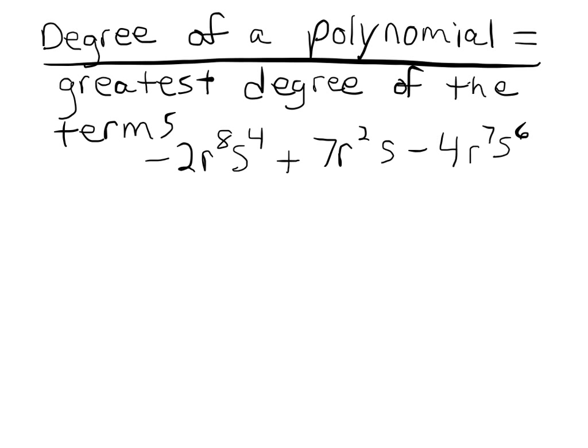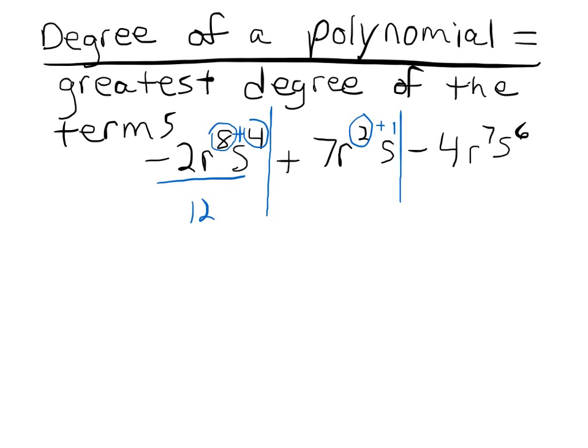Okay, so if we want to find the degree of each monomial, this is very similar to combining like terms, right? Well, what is the degree of this first monomial? Okay, the degree is you have 8 plus 4. So what's the degree of this monomial? The degree is 12. Okay, on this one you have 2. Do not tell me that is 0. There's a hidden 1 there, right?